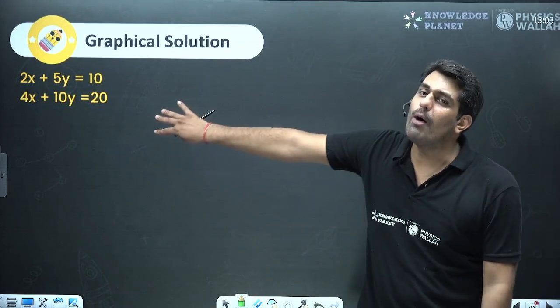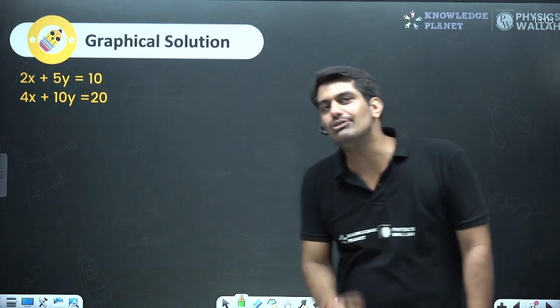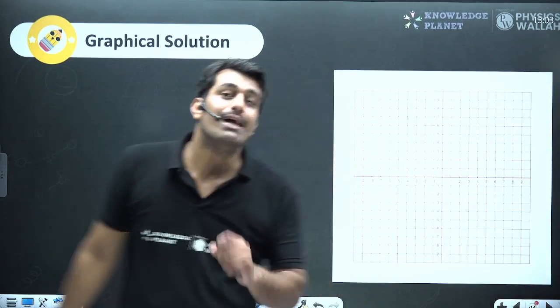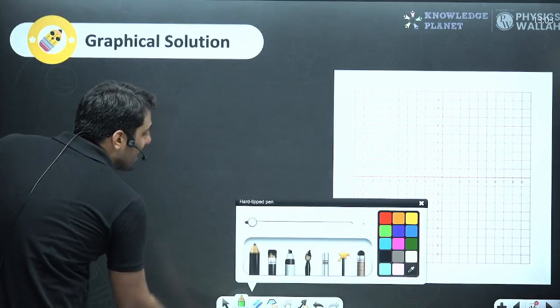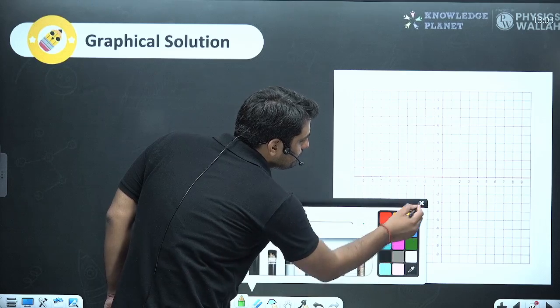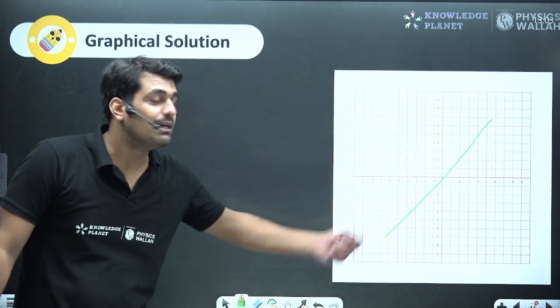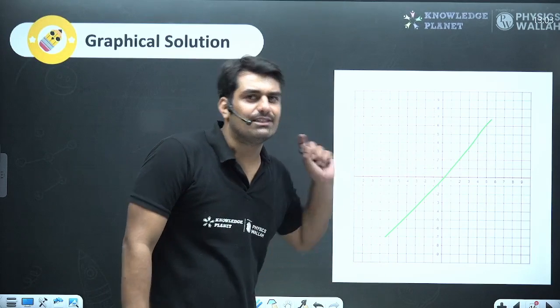Now, when you go up to plotting of these two equations, there will be a new scenario coming up. What will be that new scenario? Let's see. The third scenario which will come up would be something like this. You plot a line. This is your line. I hope it's visible. You plot the line, it will come something like this. Fair enough.